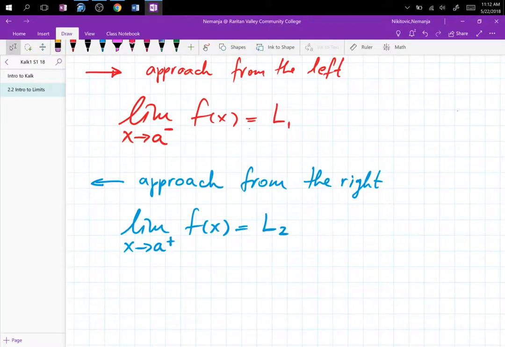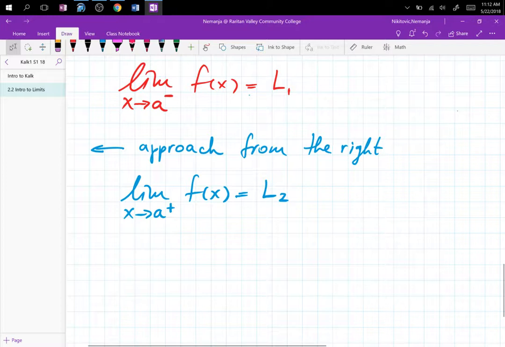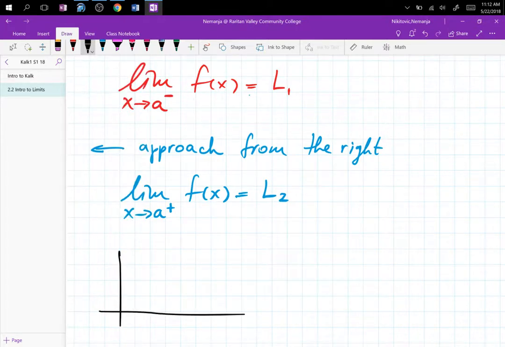You are walking on the function line, and if there is no function to walk on, you can't approach from that side. So let's consider the square root of x. If I draw the graph, I told you already to memorize the look of square root of x. So this is our function f of x equals square root of x.